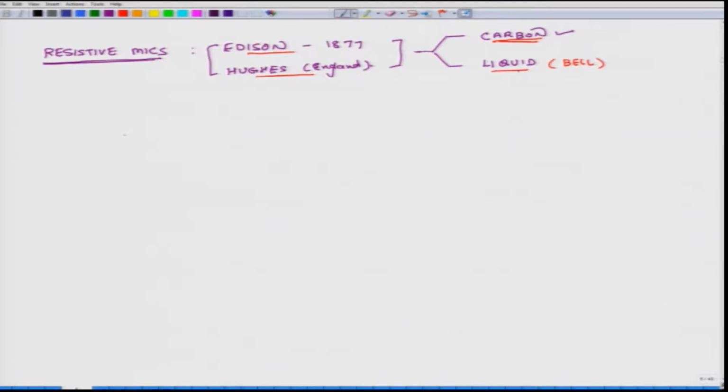A carbon microphone essentially has two metallic plates or surfaces. This end is closed, and at this end I have a very light diaphragm, shown in green. It has the flexibility to move in and out.